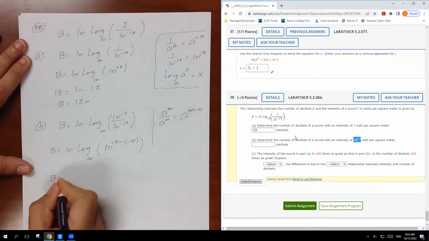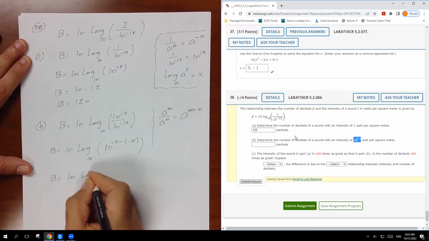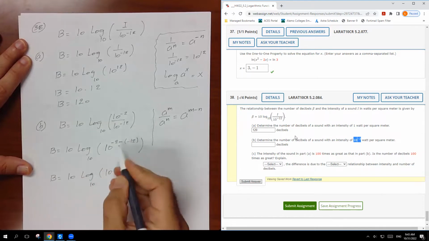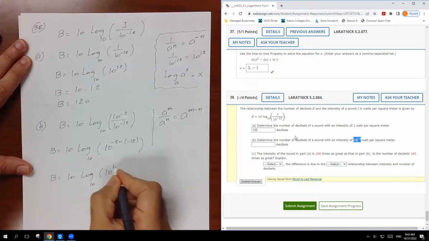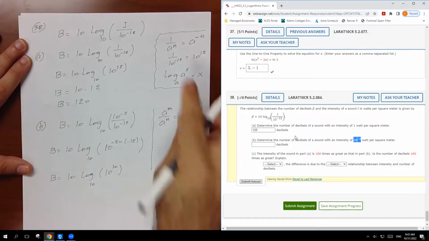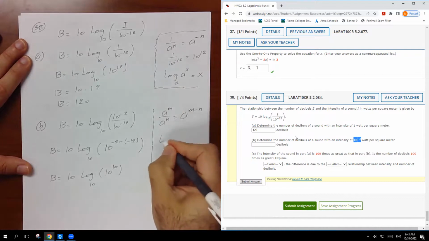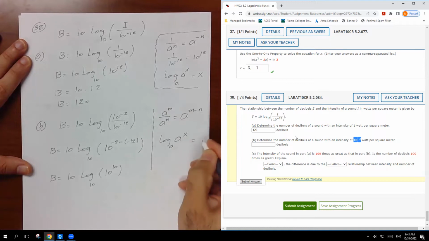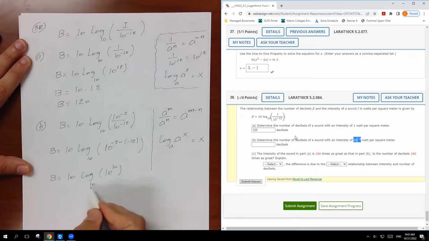Negative 2 plus 12 is 10. We go back and use the same rule: log to the base a of a to the x gives x, which is just 10. And 10 times 10, so B is going to be equal to 100.